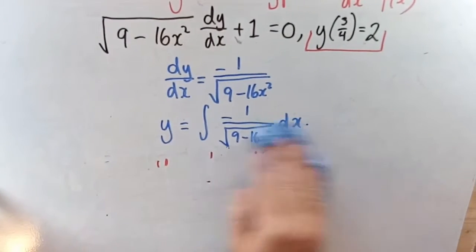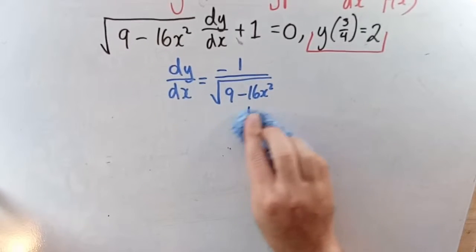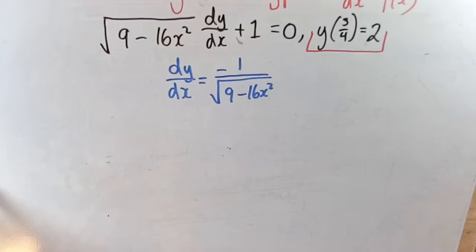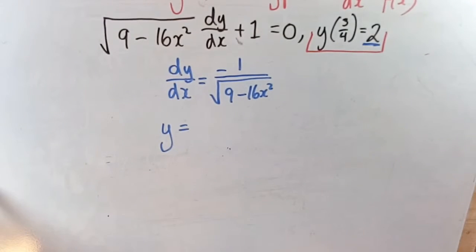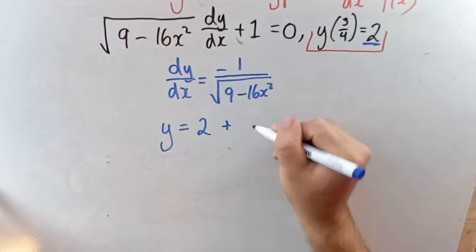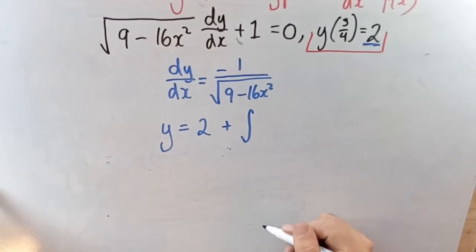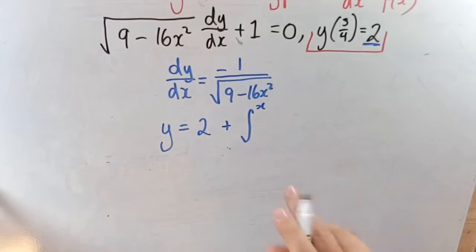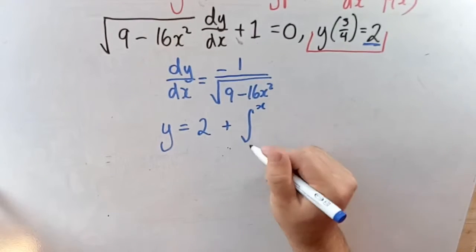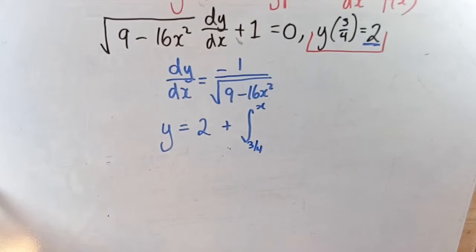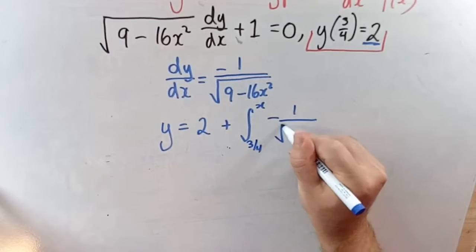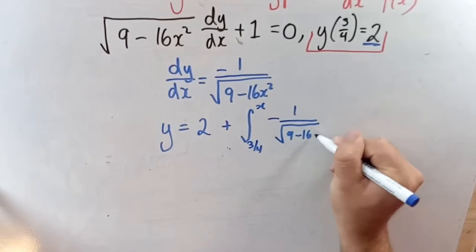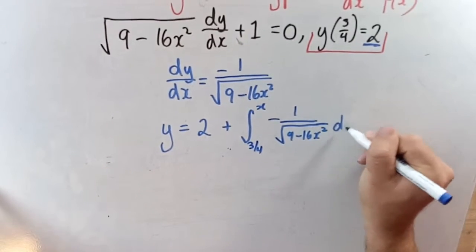So y equals 2, our boundary condition, plus the definite integral with x at the top and our initial x value, 3/4, at the bottom, of 1 over root 9 minus 16x squared dx.